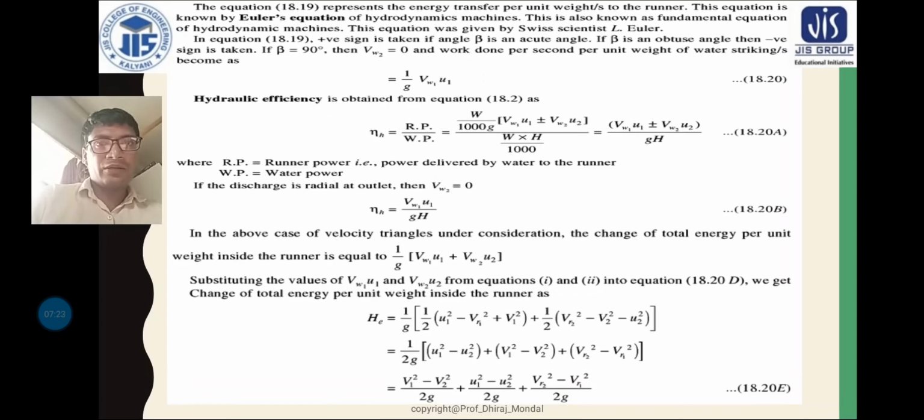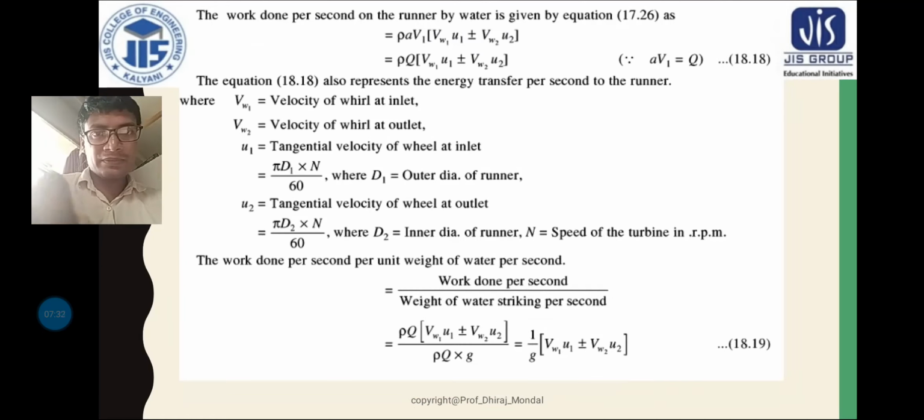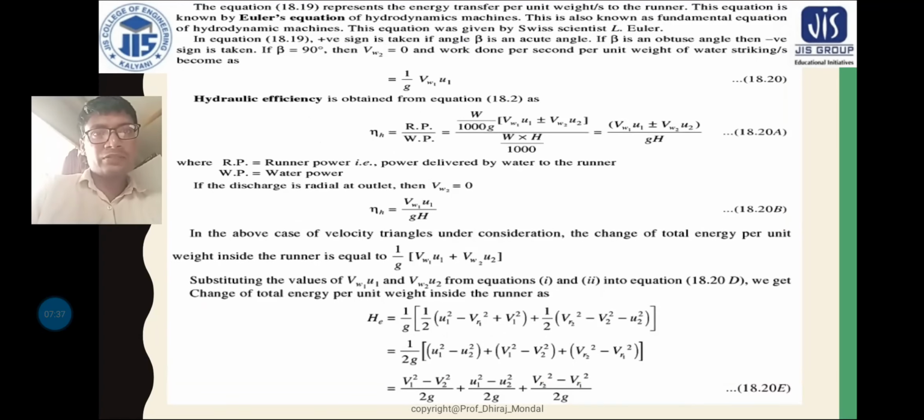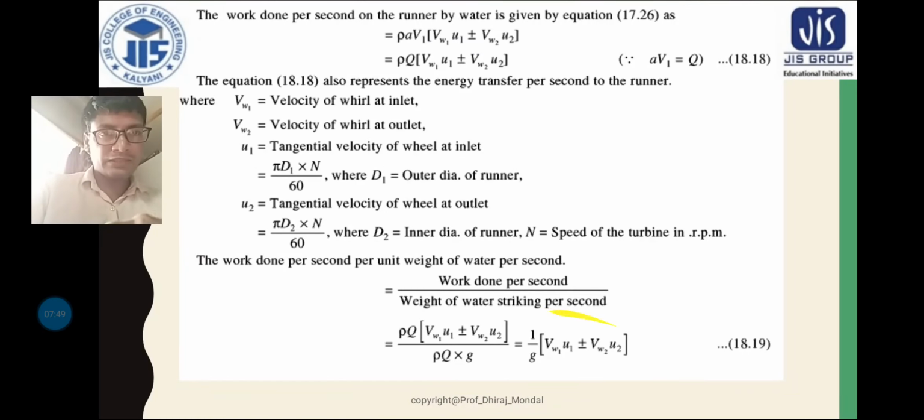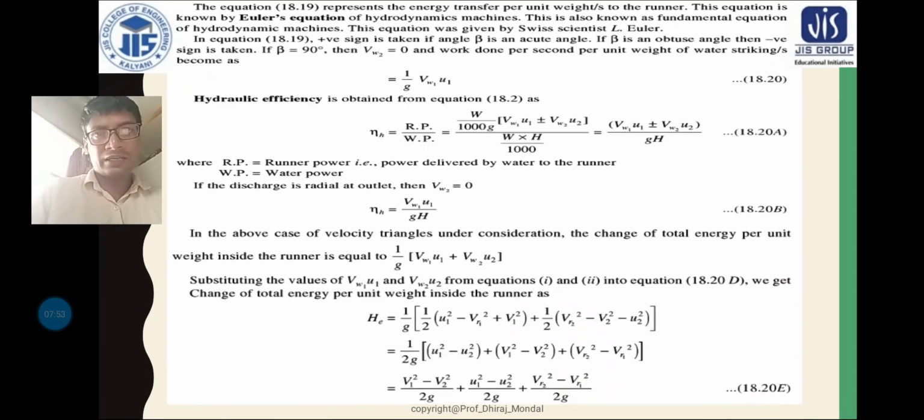Now one more consideration we have to take here. The equation we got in the previous slide represents the energy transfer per unit weight to the runner. This equation is known as Euler's equation of hydrodynamic machine.